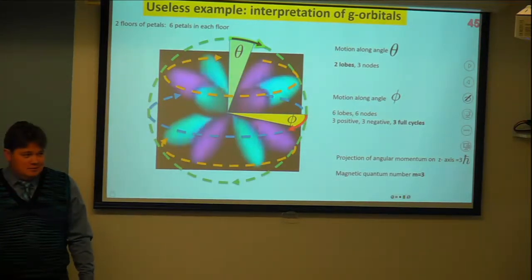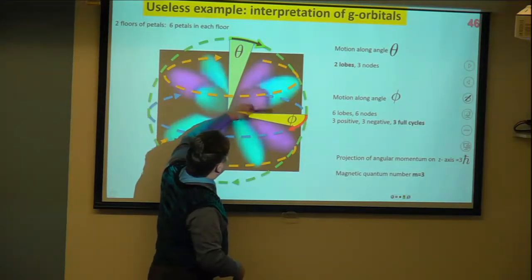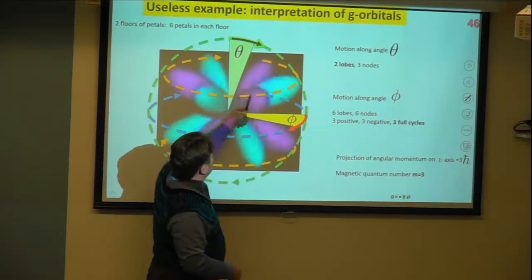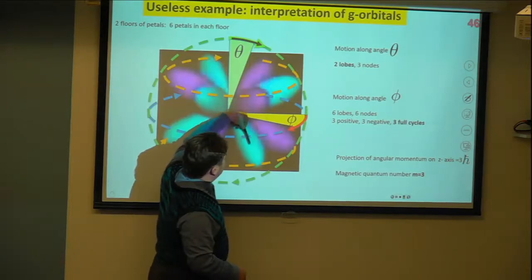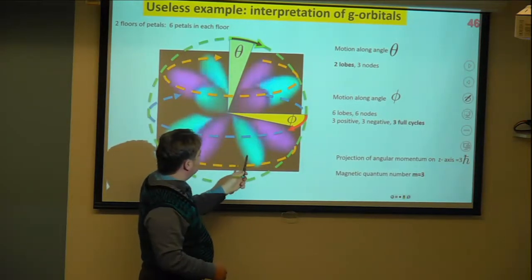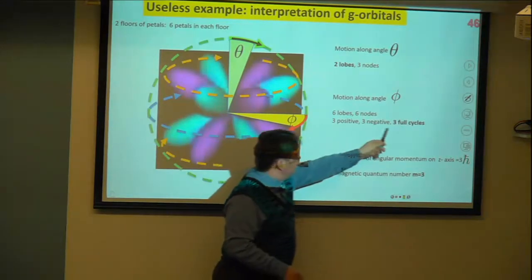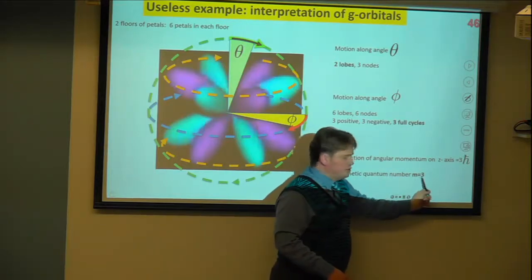Next one. See, less motion in theta direction, only 2 sets, one positive, one negative. And then if in each of these subsets we are going circularly, it has 6 lobes or 3 full cycles. So it will be m equals 3.